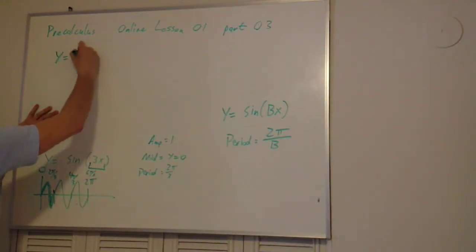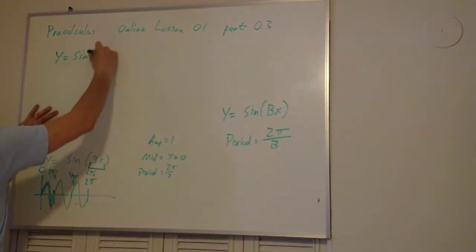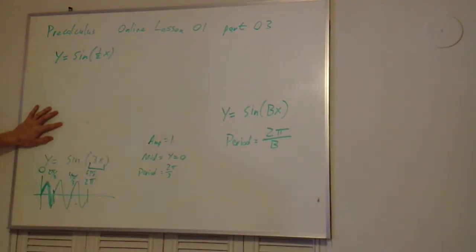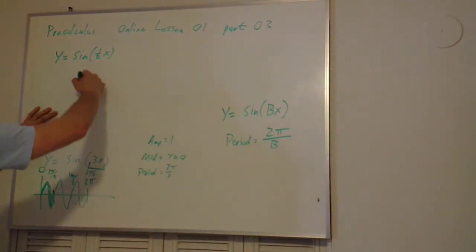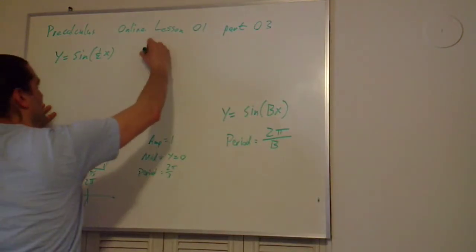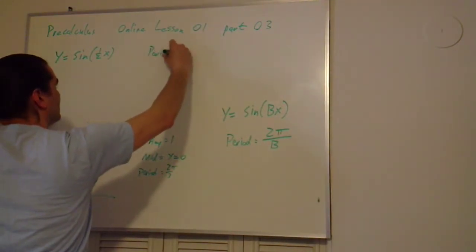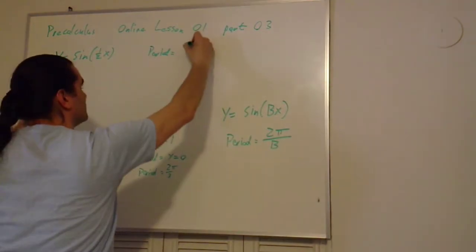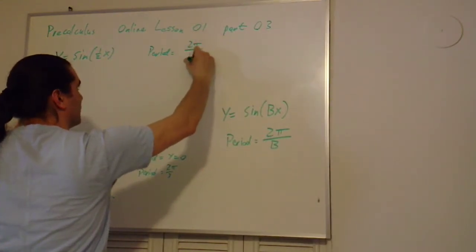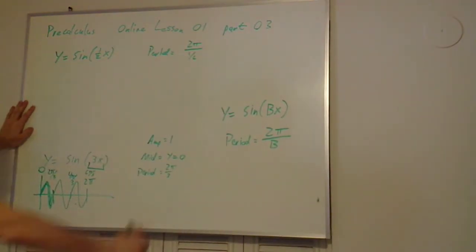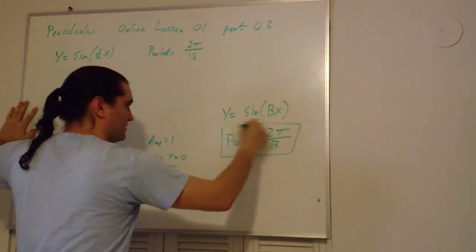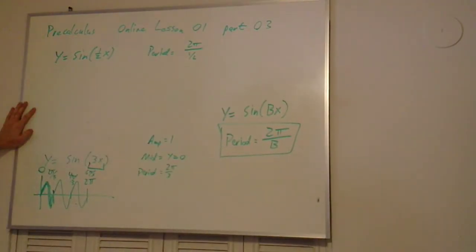If I do something like y equals the sine of 1/2 x, b is now 1/2, and the period of this function will be 2 pi divided by 1/2, because that's this 2 pi divided by b equation.